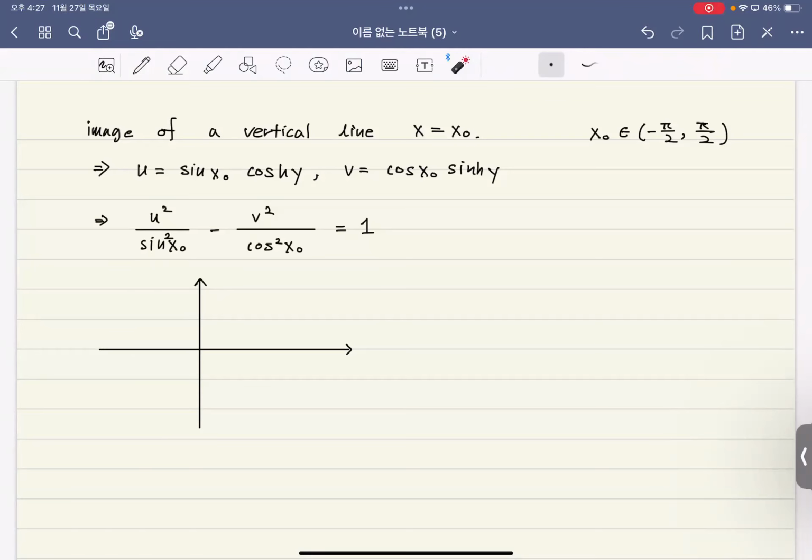What is the coordinate of the foci? The coordinate of the focus squared is always this one squared plus that one squared, so the focus is always 1, independent of the choice of x0, right? So this is minus 1, and this is plus 1, and it must look something like this.